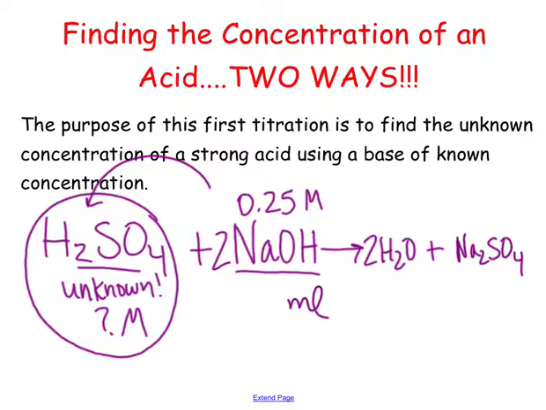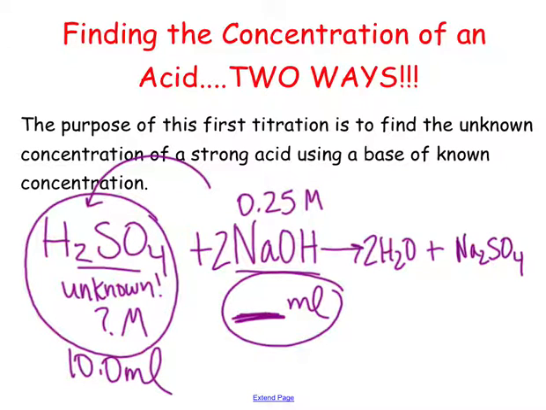You're going to figure out how many mils of this known concentration of sodium hydroxide is required to reach something called the equivalence point. Once we know how many mils we need to neutralize a certain volume, and in this case you're going to be putting 10 mils of acid into a little beaker, and then you're going to titrate out of a burette, and you're going to figure out how many mils you need.